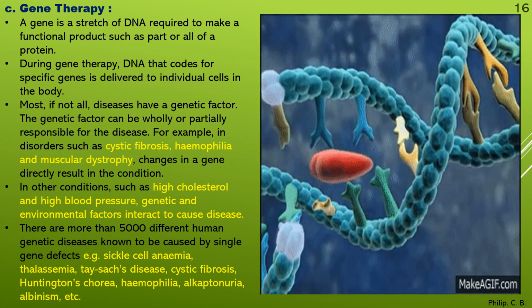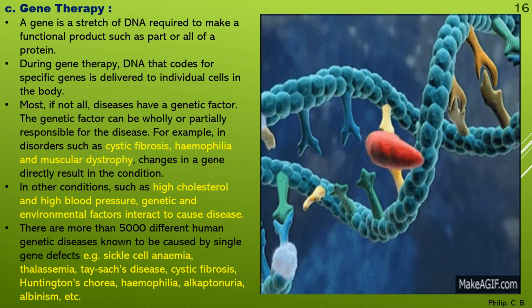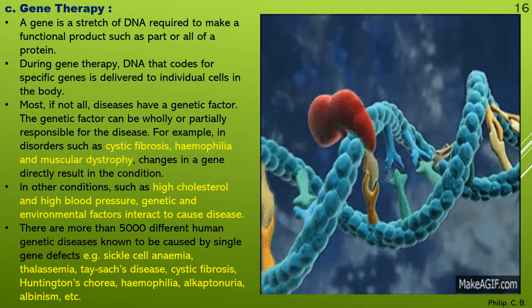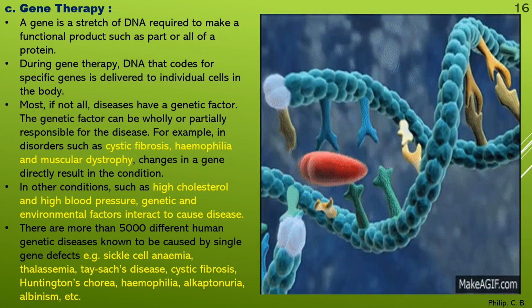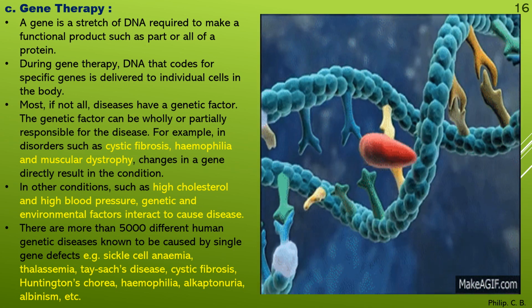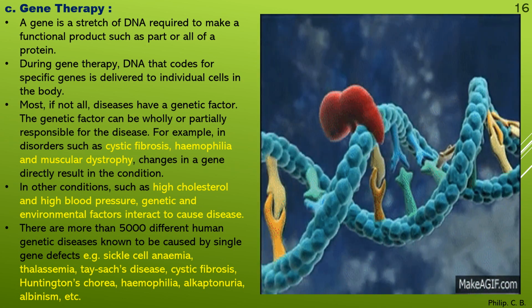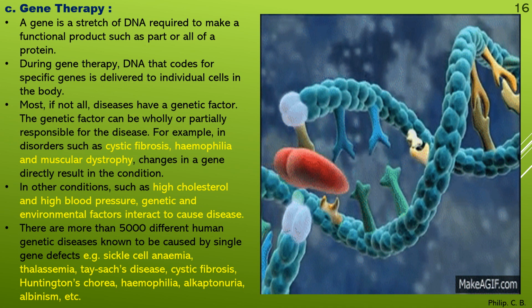Most of, if not all, diseases have a genetic factor. The genetic factor can be wholly or partially responsible for the disease. For example, in disorders such as cystic fibrosis, hemophilia, and muscular dystrophy, changes in the gene direction result in the condition.